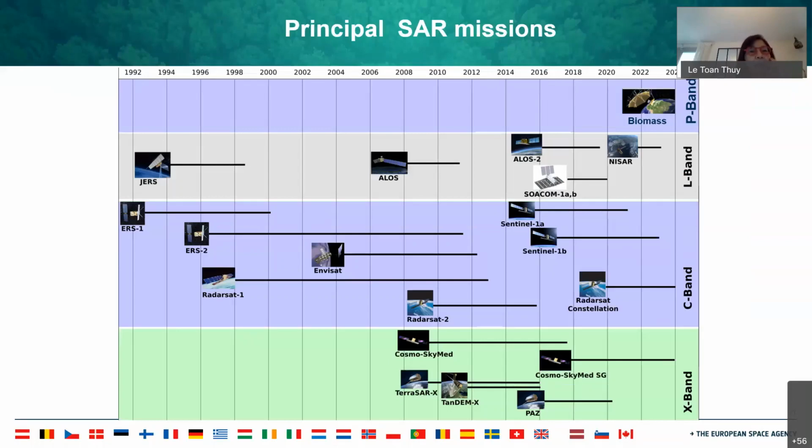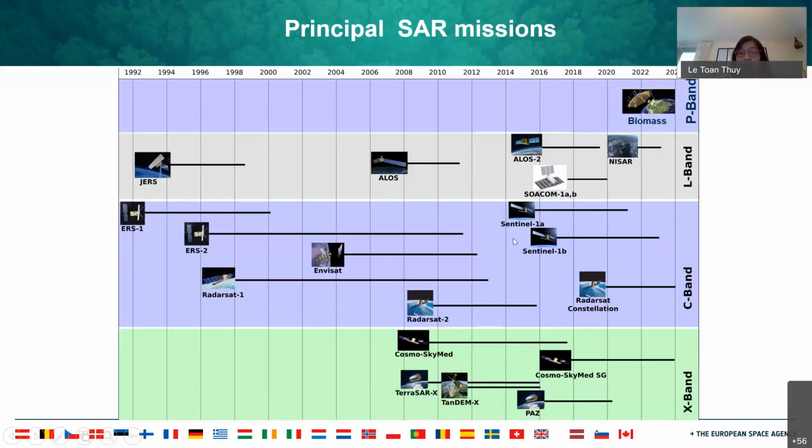After that it was a long time before the next SAR missions, like ERS-1 from ESA in 92, JERS from JAXA in 94, and then ERS-2, RadarSat, Envisat, ALOS-2, and Sentinel-1 on the C-band.